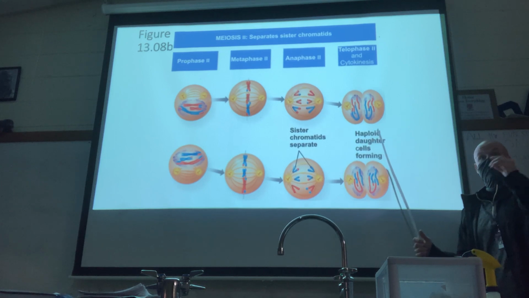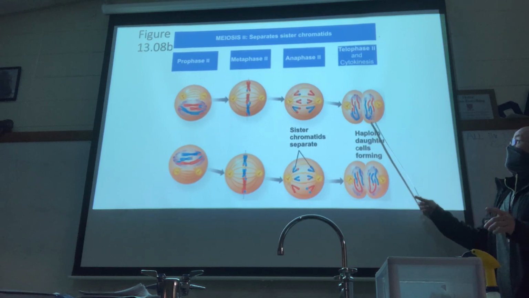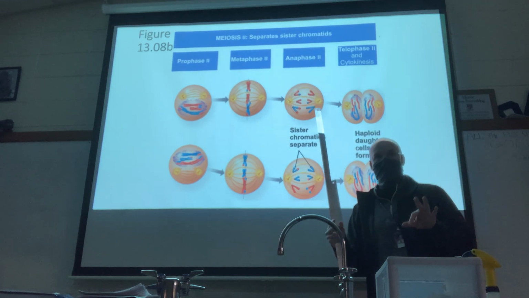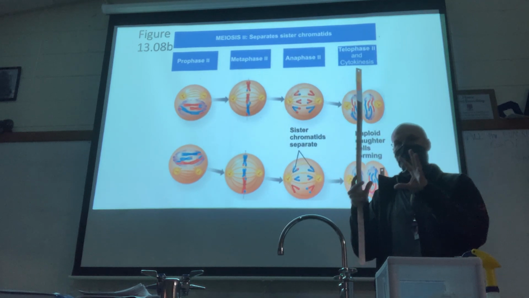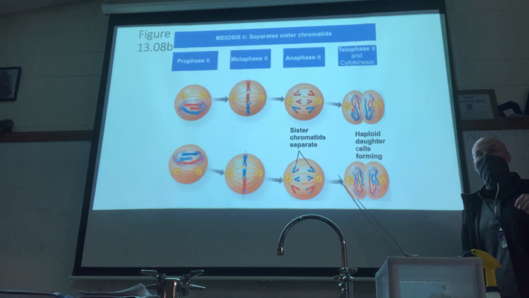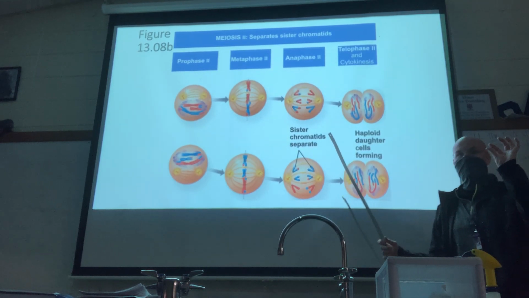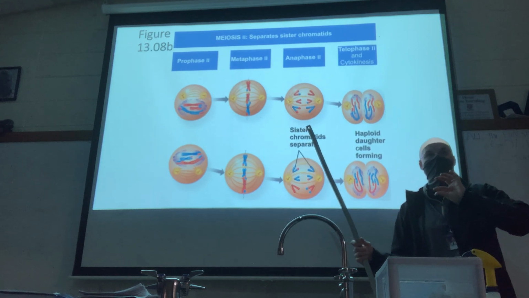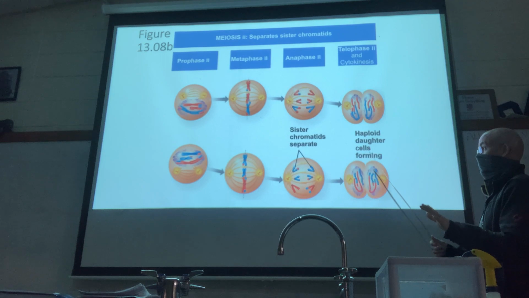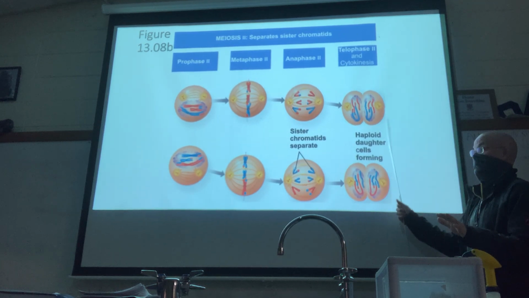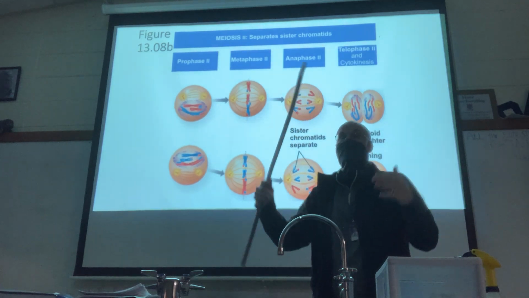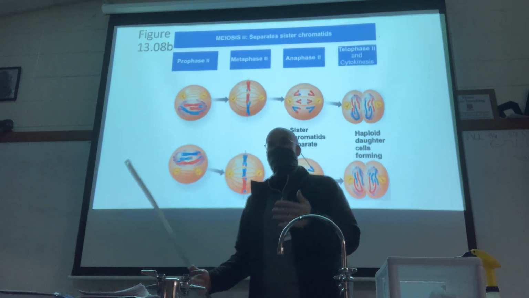But in the ovaries, this process happens in a very uneven way. Cytokinesis happens in an uneven way. And 3 of these will be tiny little cells that aren't even used in reproduction. And only 1 of these 4 will be a huge cell that actually matures into the egg cell.